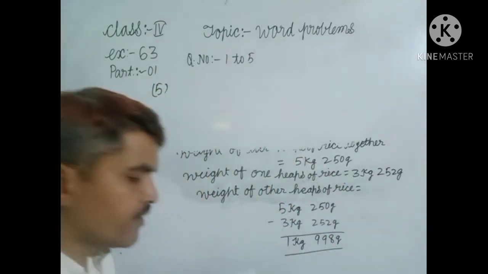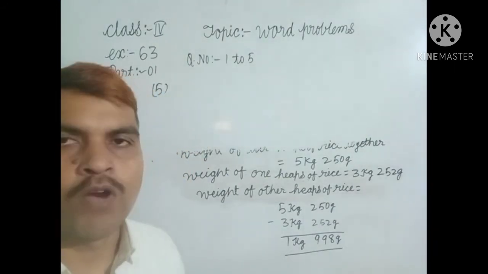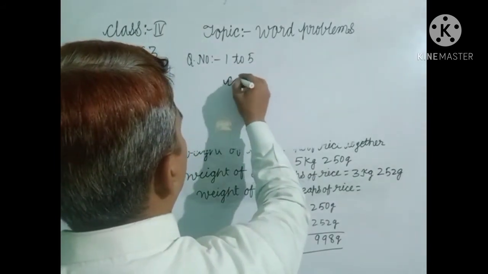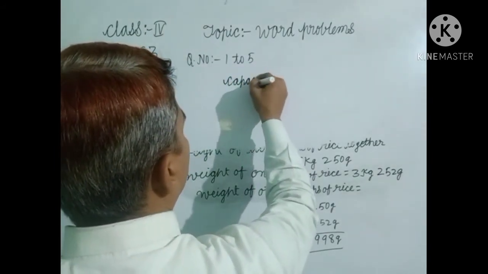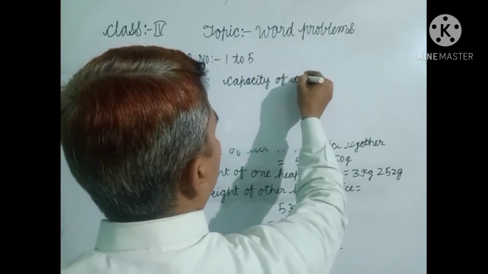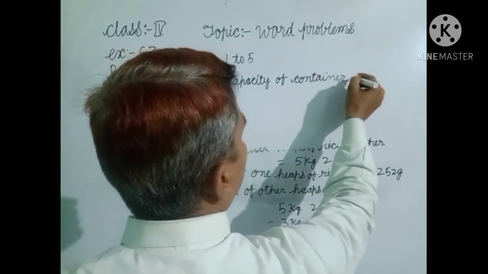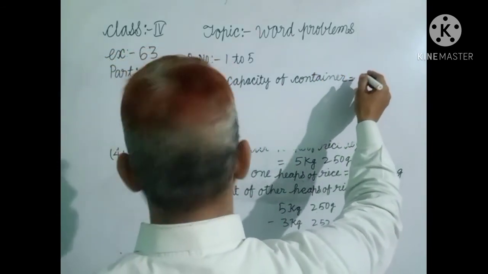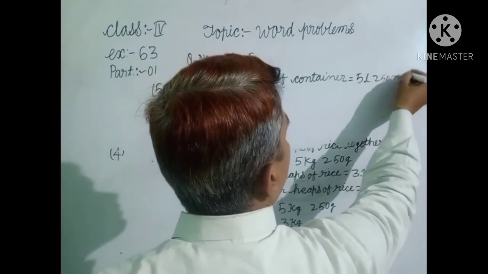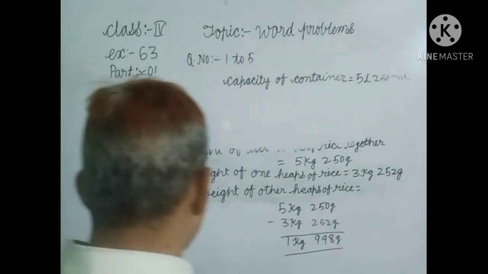A container has 5 liters 250 milliliters of oil. The capacity of the container is 5 liters 250 milliliters of oil.